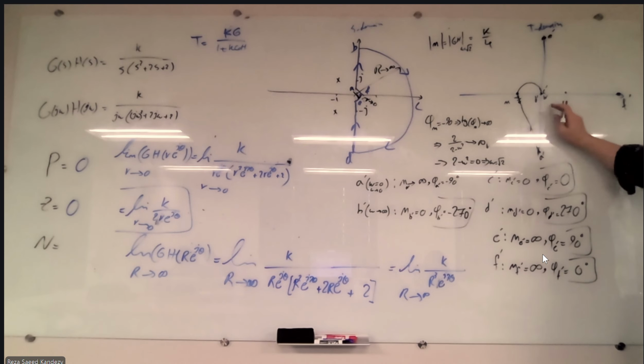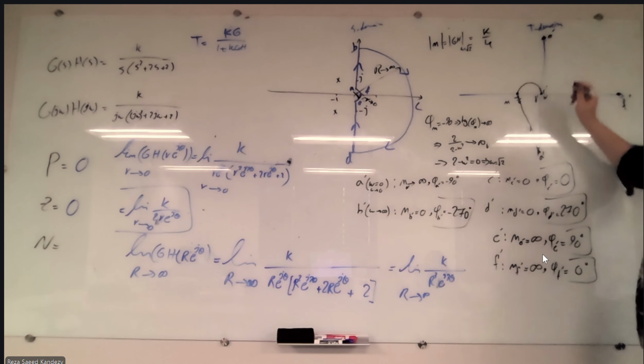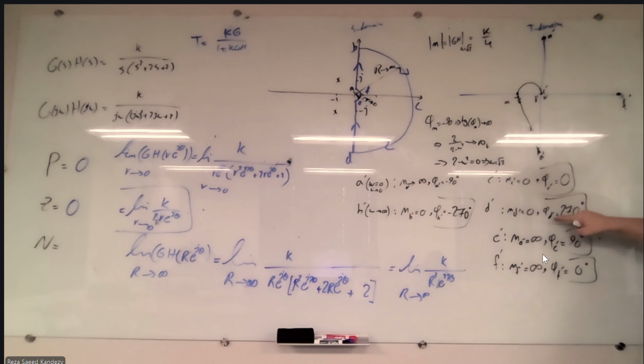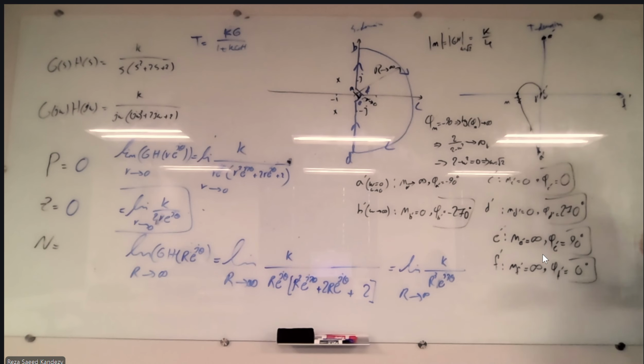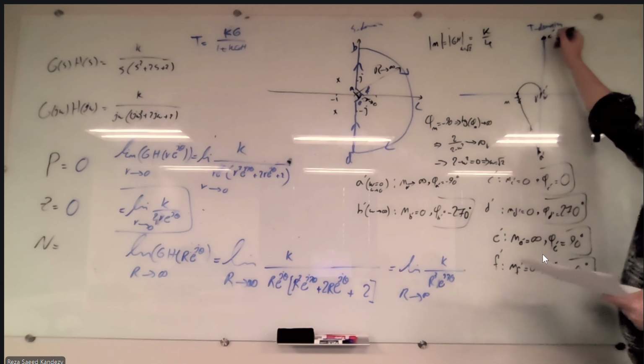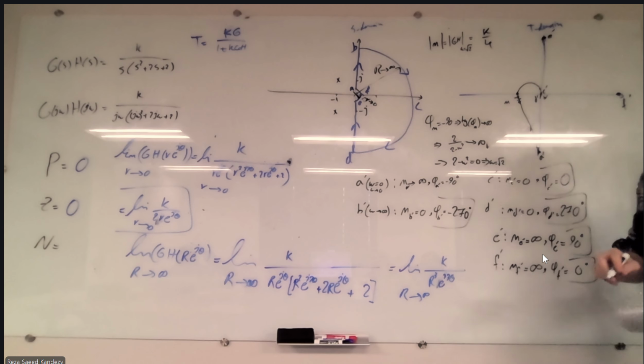So, we know the symmetry. From D prime to E prime, remember, we have 270. D prime would leave with that 270 angle, okay? And we would reach E prime with that angle, 90 degrees.